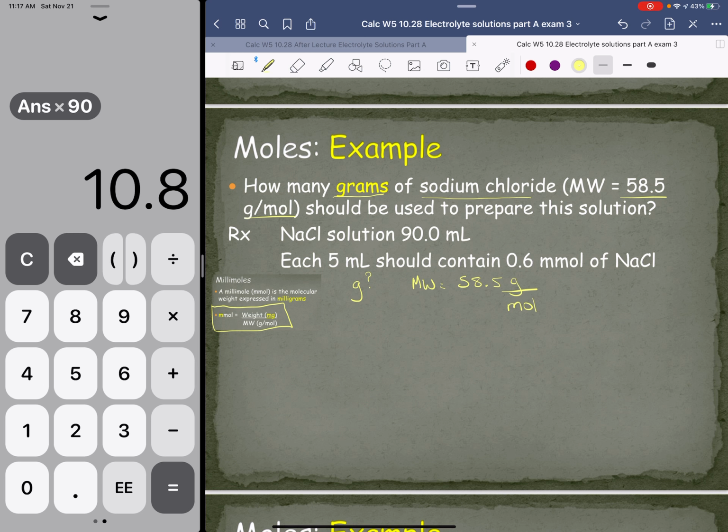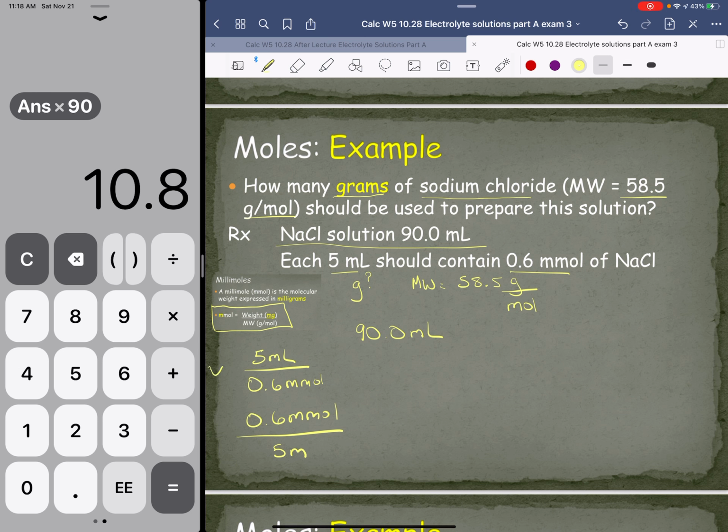I'm also given that the sodium chloride solution is 90 milliliters that I'm needing, and that each 5 ml should contain 0.6 millimoles of sodium chloride. That could look like 5 mLs per 0.6 millimoles, but how we're actually going to use it is 0.6 millimoles per 5 ml.